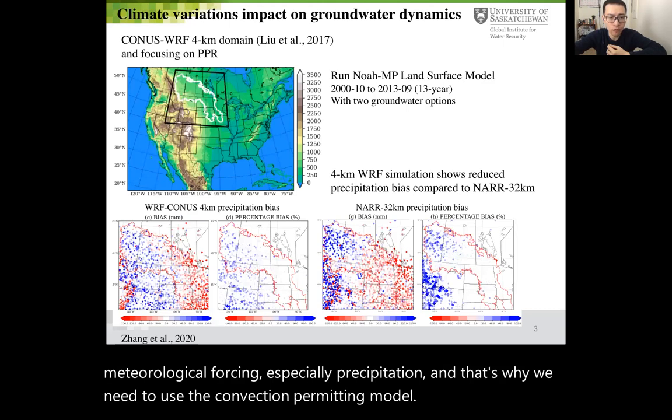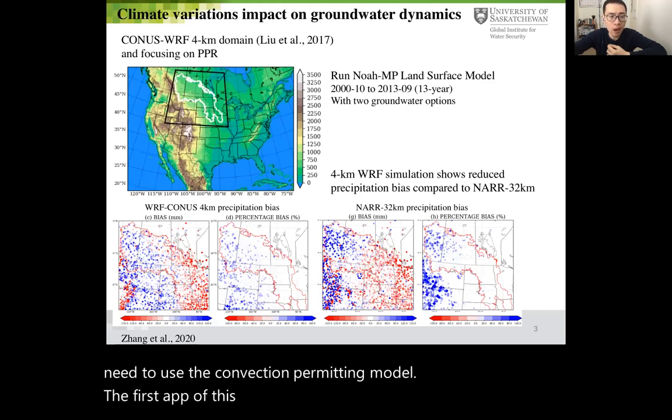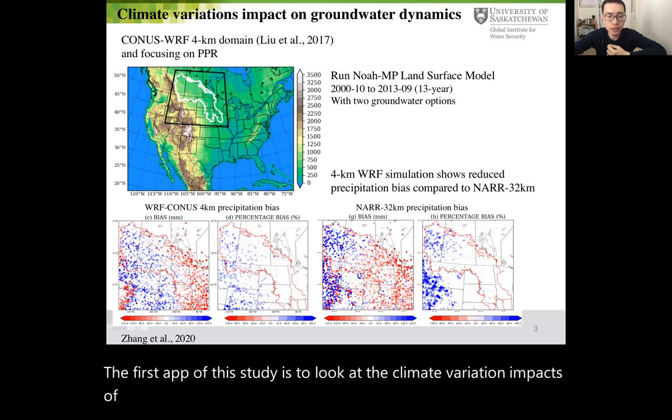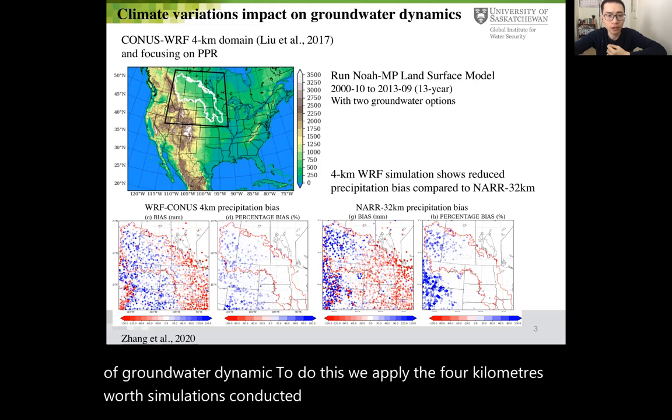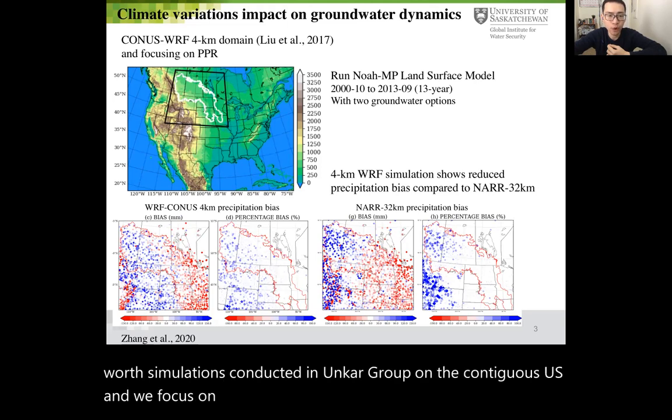The first step of this study is to look at the climate variation impacts on groundwater dynamics. To do this, we apply the 4 kilometer simulations conducted by the NCAR group over the contiguous US, and we focus on the black box in the Prairie Pothole region.